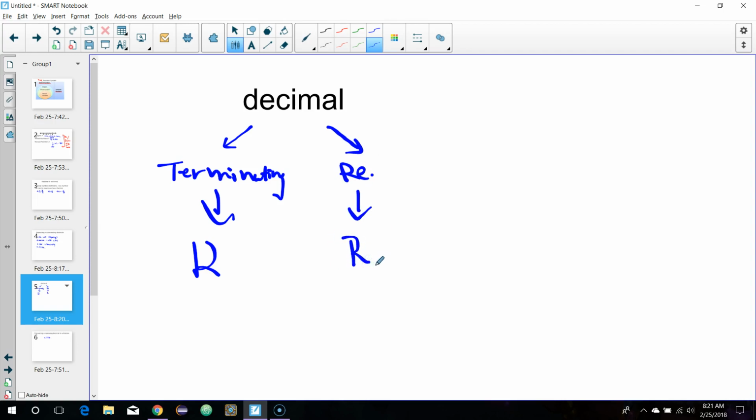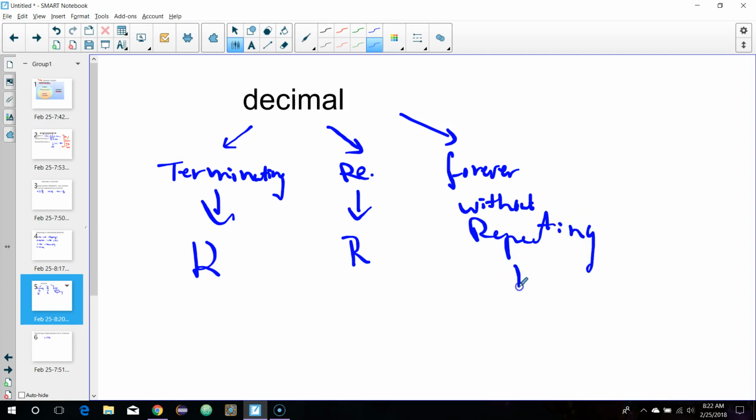Alright, given a decimal, there are only 3 ways to go: it is terminating, repeating, or it goes on forever without repeating. Then you have yourself the irrational number.